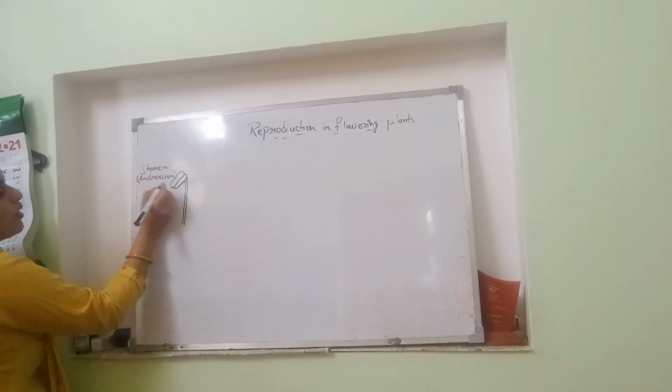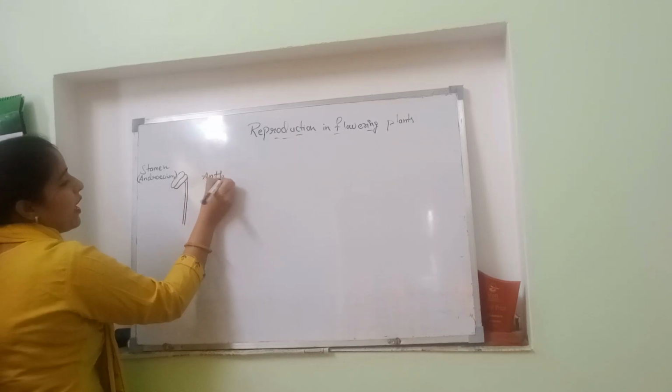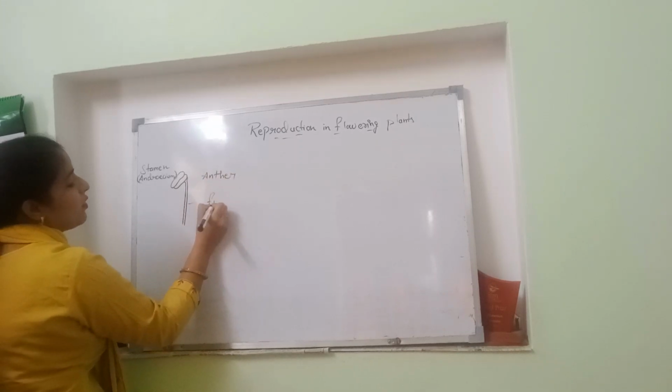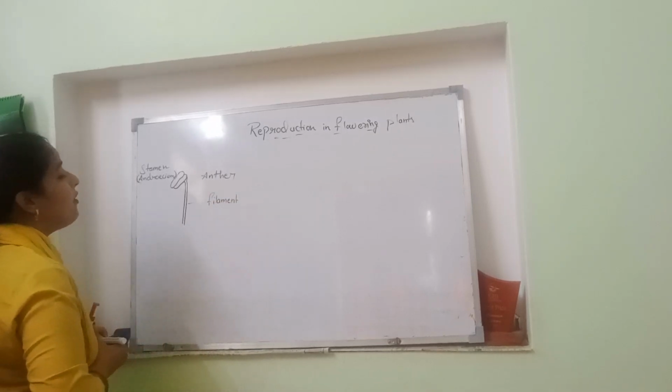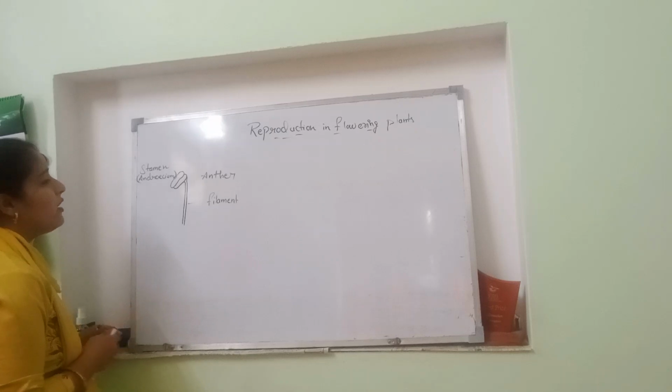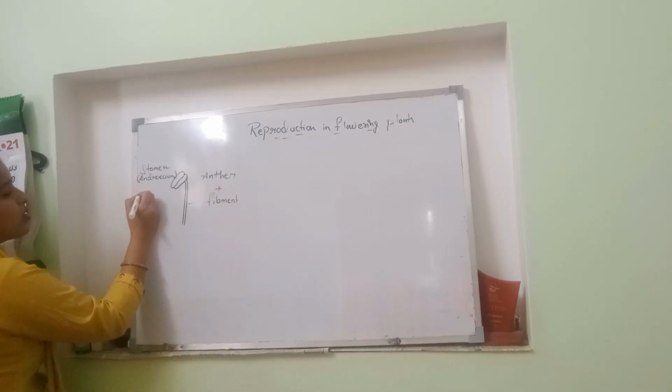This androecium carries the anther and filament. The filament is just to attach the anther to the flower. So the main thing is the anther. The stamen is also known as microsporophyll.